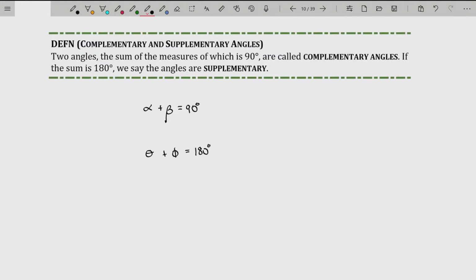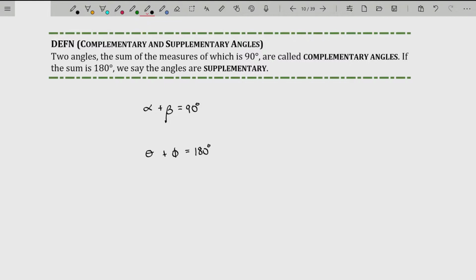Now here's an odd piece that some students will ask, and it's stumped me, and I've seen different answers throughout the years. Students will ask, could alpha be 91 and beta be negative 1 degrees? Would they be considered complementary angles? Mathematically, it seems like that sum should be 90 degrees, and it is, but we reserve the definition for two non-negative angles.